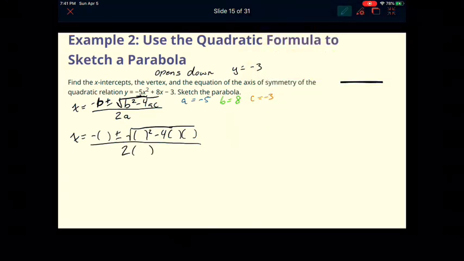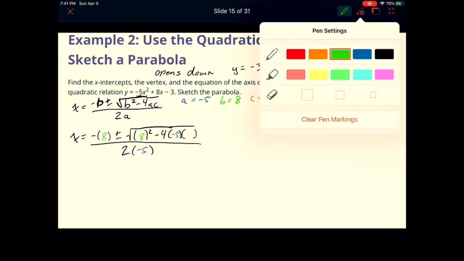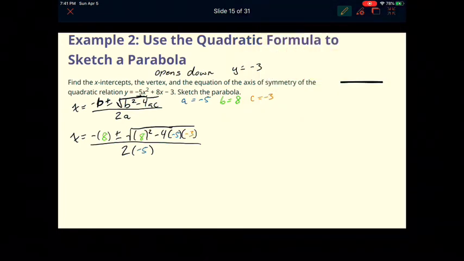So a is negative 5. We've got an a there and an a there. b is 8. And c is negative 3. Remember to bring those negatives along for the ride. They are so important, and it's going to completely mess up your answer.